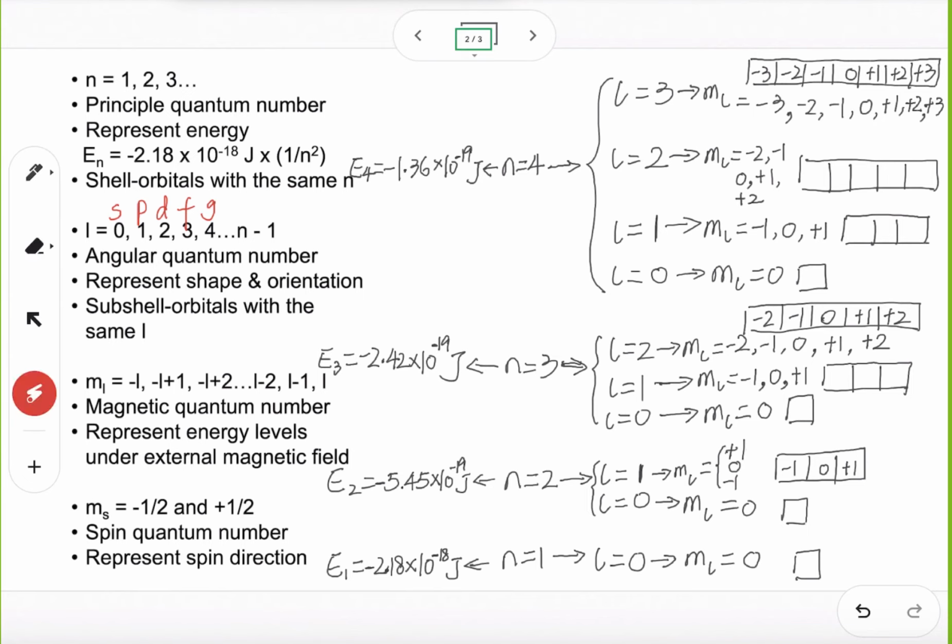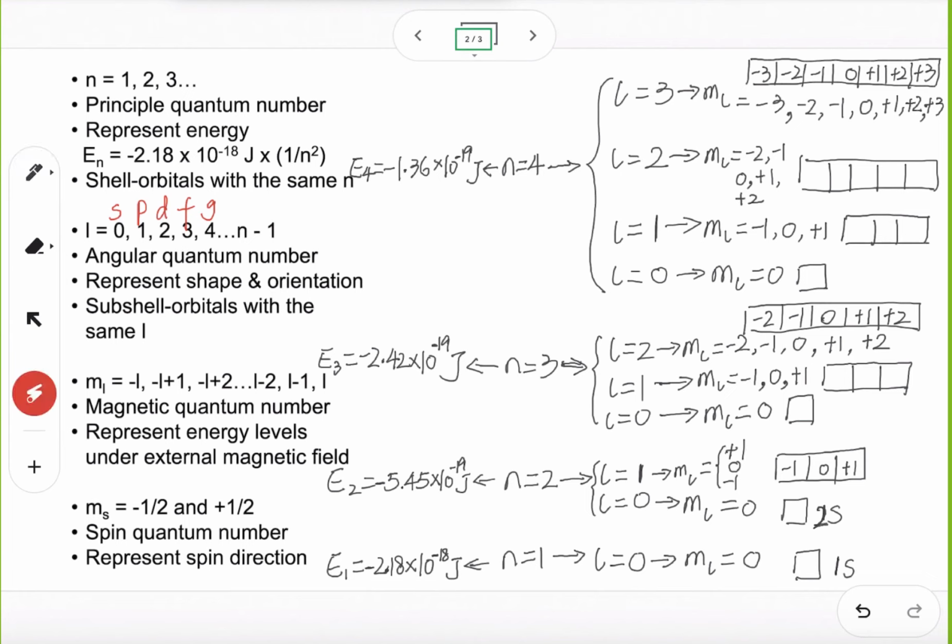For this one here, N equals 1, and since L equals 0, the corresponding letter is S. So this is a 1s orbital. For this next one, N equals 2, my bad, and L equals 0, so it would be a 2s orbital.